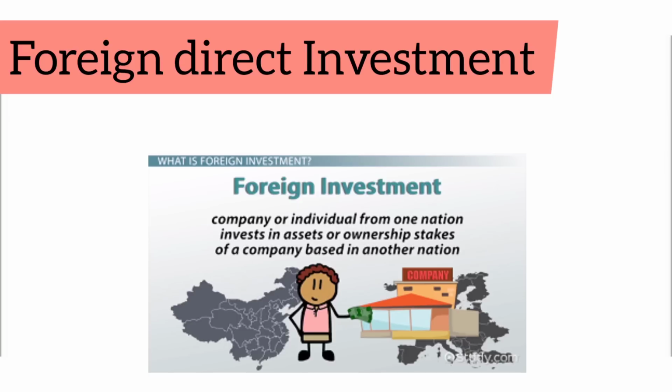Whenever they hold or acquire at least 10% of the company's ordinary shares or voting power, in such case such a non-resident investor will be termed a foreign direct investor. So this is the extent of control that they should have.